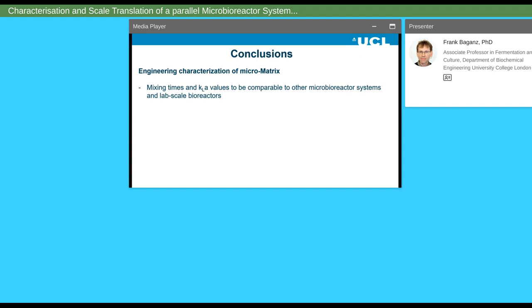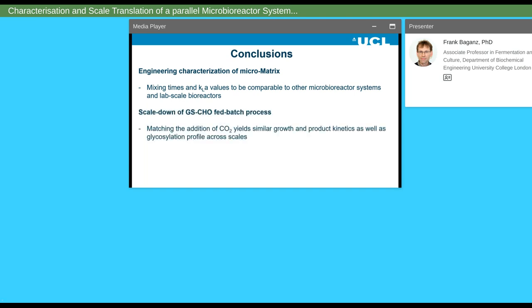Based on the information obtained from the engineering characterization, the mixing time was selected to remain constant between the 5-liter STR, micromatrix and 24 standard round well to ensure comparable hydrodynamic conditions.